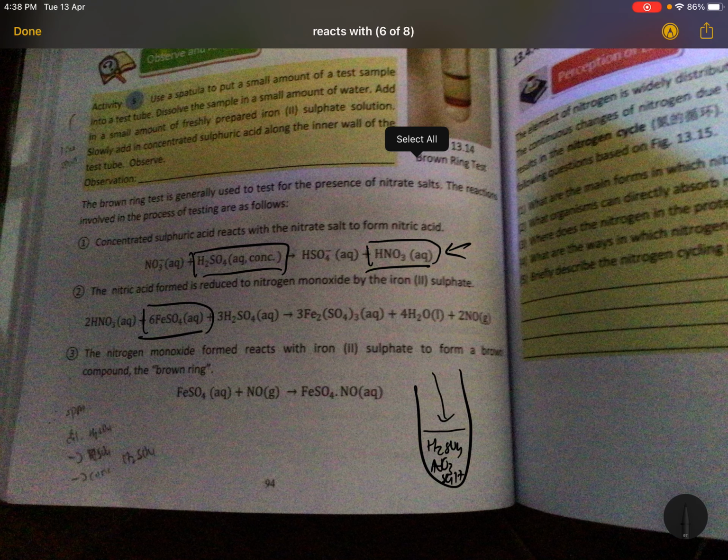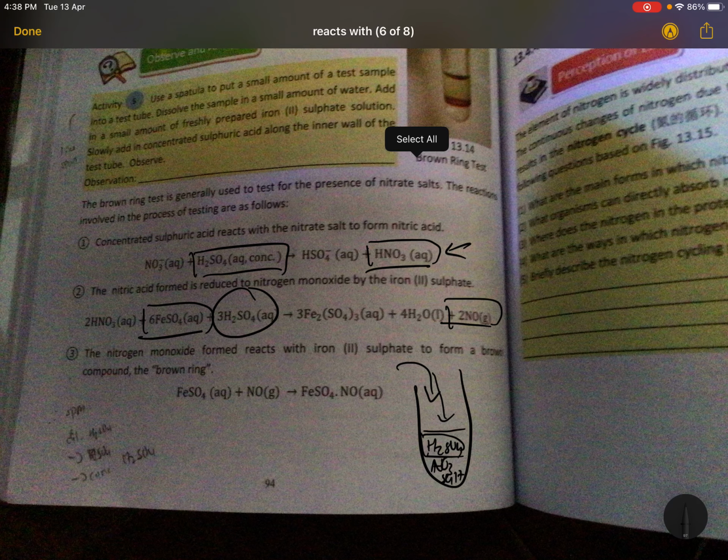So it will dissolve into here, and then you add water to make it aqueous, and then after that, it will keep reacting with this because it's still in the solution. You actually dip this iron 2 sulfate into the solution. It still has H2SO4. So that's why H2SO4 continues reacting. It will produce Fe2(SO4)3, water, and then nitrogen monoxide.